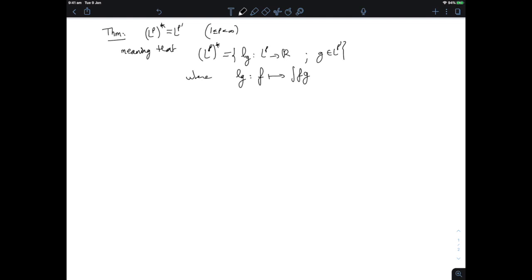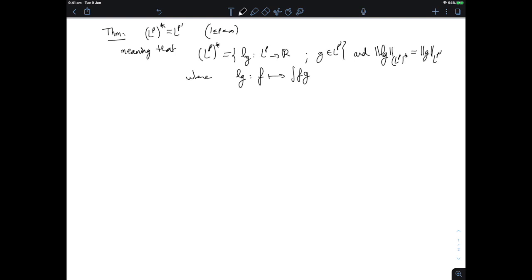We're going to prove that the dual of L^p is only made of linear functionals of this particular form, an integral of f times g, as we would know from the Riesz representation theorem if p were equal to 2. And not only that, but also the norm of these functionals would be precisely the L^p' norm of the function.